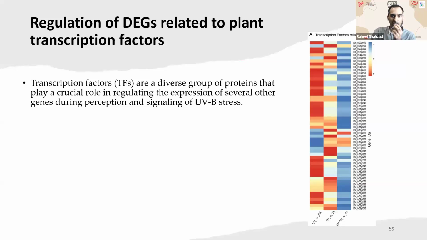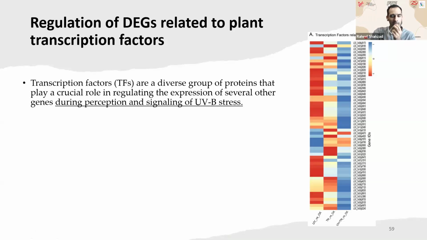And you can see very different patterns, where in the UV compared to control group, the genes or transcription factors are downregulated, while on the other hand, in the UV plus TN, the same transcription factors are upregulated.